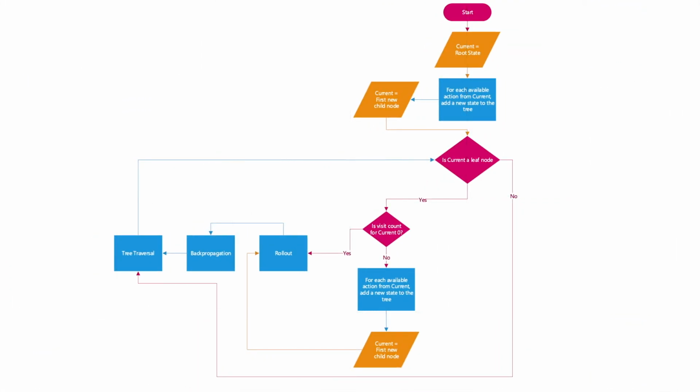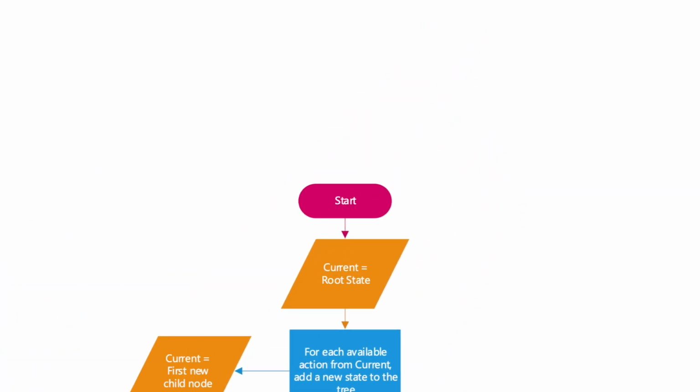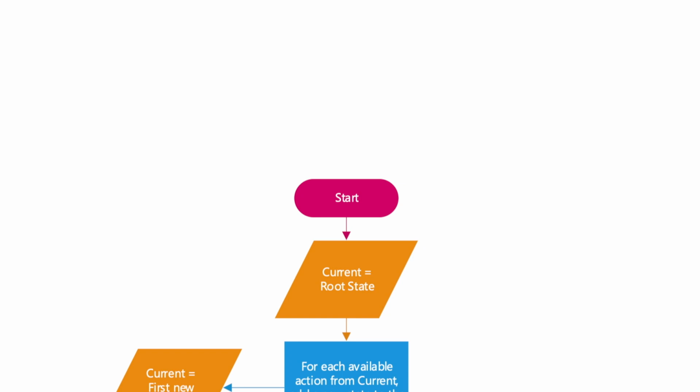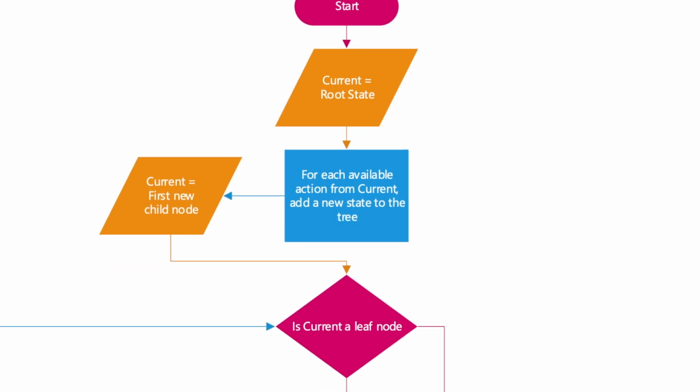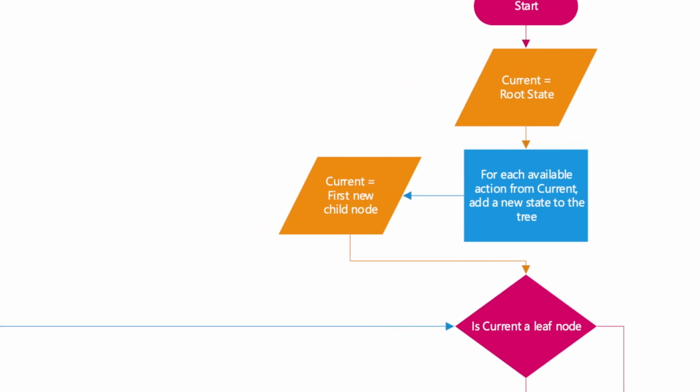All right, let's take a look at the breakdown of the algorithm in general here. So we start the algorithm by accepting any given state of the game. We set the current state equal to the root state. Now the root state is the initial state, so we're going to do some setup up front. For each available action from the current state, we'll add new states to the tree, and then we'll set the current state to the first new child node.